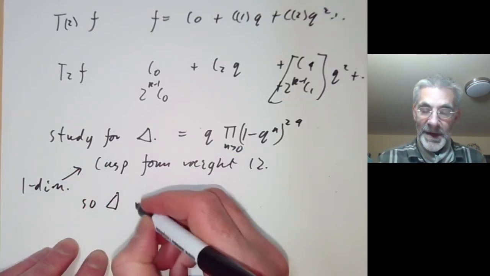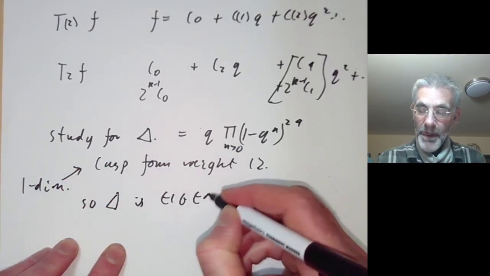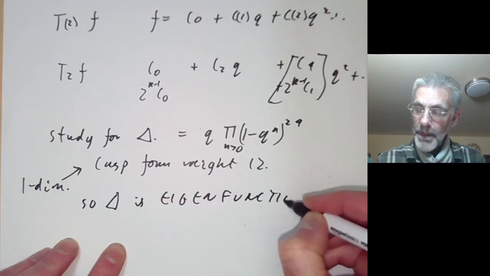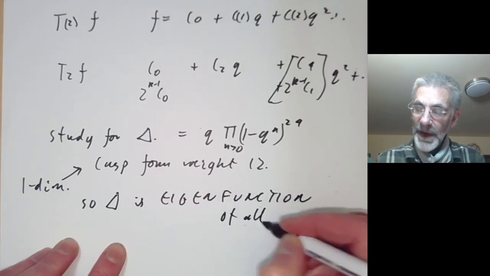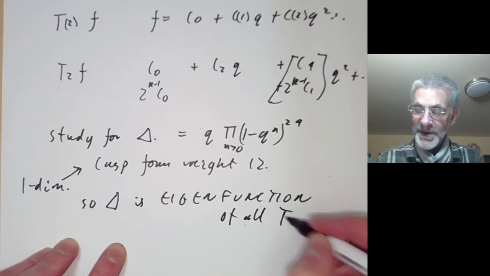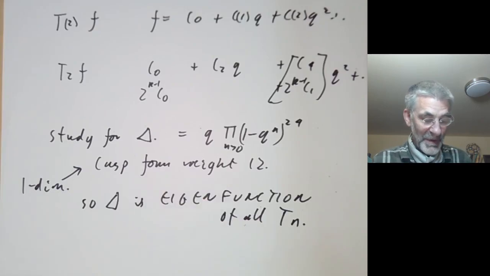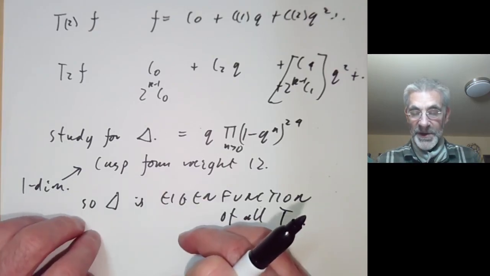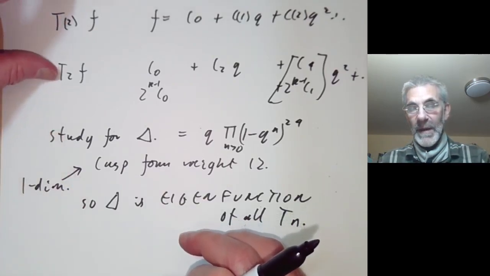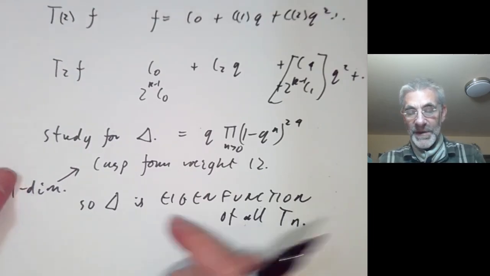So delta is an eigenfunction of all the Hecke operators Tn, because each Tn takes cusp forms of weight 12 to cusp forms of weight 12, and the space of that is just one-dimensional. Let's see what the consequences of delta being an eigenfunction are.